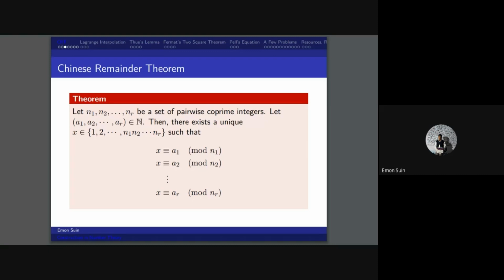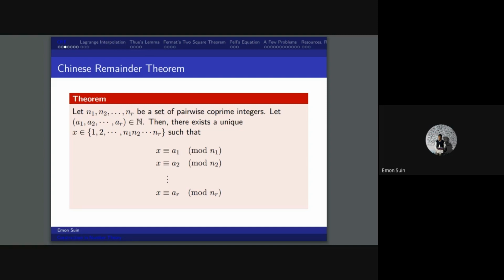It says that if we assume the ni's to be a set of pairwise co-prime integers, with i running from 1 to r, that is, n1 to nr is a set of pairwise co-prime integers. What we mean by pairwise co-prime is that for any i and j, the GCD of ni and nj is 1. And we assume that a1 to ar is some other set of natural numbers.